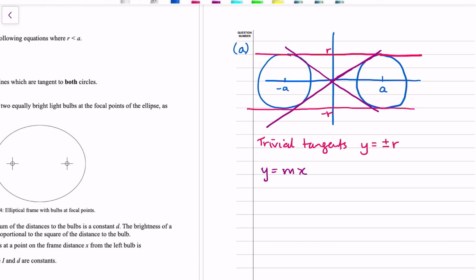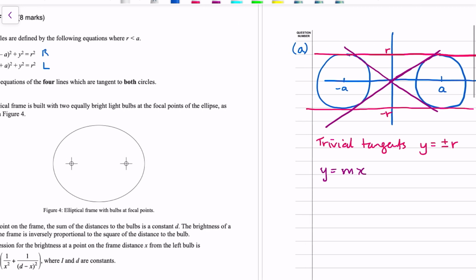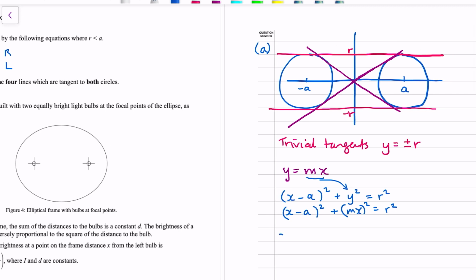But like I was saying, if I was to use the discriminant, and you can pick any of the equations, so let's just go with x minus a all squared plus y squared equals r squared, and sub mx into it, because at the point of intersection the discriminant will be 0, and expand that out.